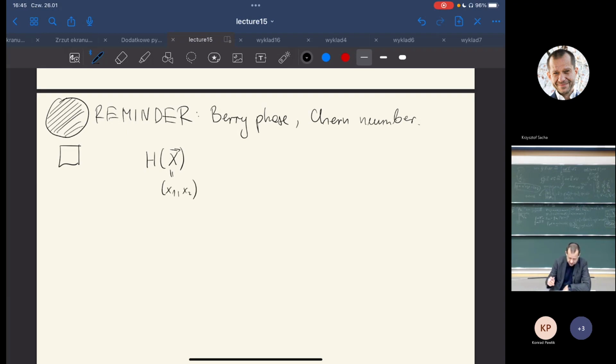Of course, it can be any dimension, but in our case, we are at the end interested in the two-dimensional system. That is why I prefer to stick to this choice. So we have the Hamiltonian, which depends on a few parameters, and then the eigenstate of this Hamiltonian also depends on these parameters. The same is true for the eigenvalue.